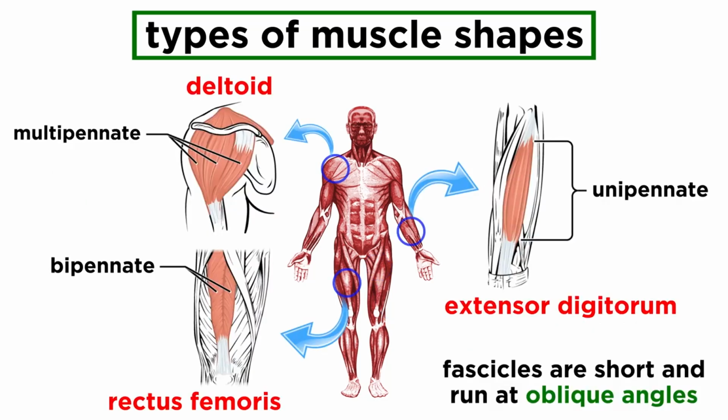And lastly, in a pennate muscle, fascicles are short and run at oblique angles, and they can be unipennate, where muscle sits on one side of a tendon, bipennate, with muscle on both sides resembling a feather, or multipennate, which looks like several feathers inserted into the same tendon.